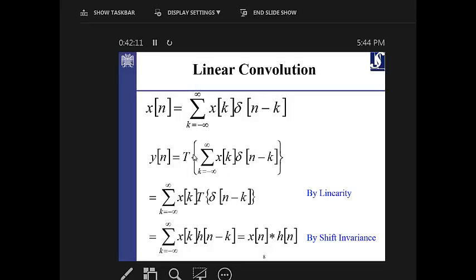Then if the system is linear, it means that you can replace the transform and the summation. Why? Basic mathematics. If you have dozens of linear transforms, integration, derivation, any linear function, there's a condition.